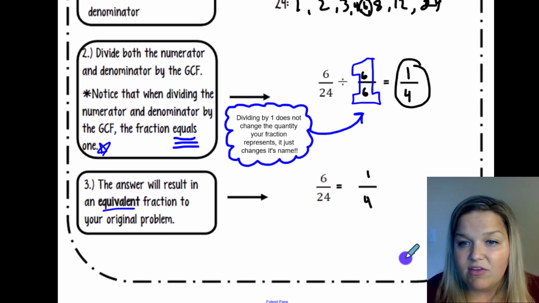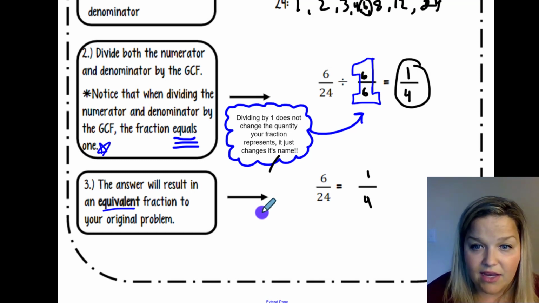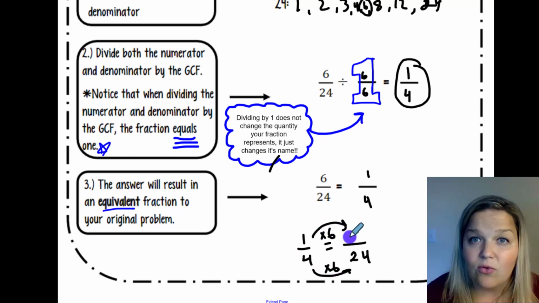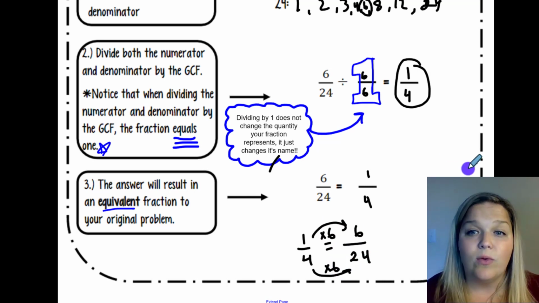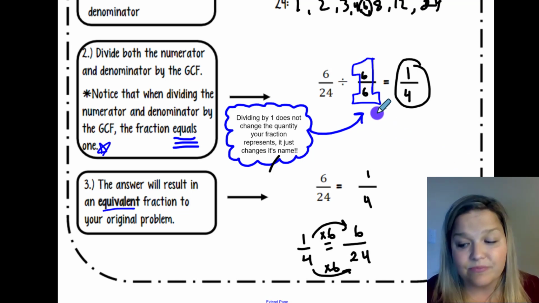So in previous grades, you've kind of gone the different direction. You've seen something like this. You've seen 1/4. So instead of multiplying to create a larger equivalent fraction, we are dividing to create a more simple fraction.